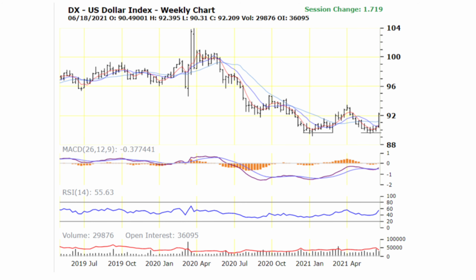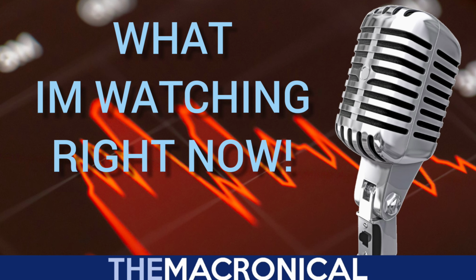To make a higher high here, we need the US dollar index to close over 93. So that's what I'll be watching over the next couple of weeks. Make sure it doesn't break below 89.5, which is where that double bottom happened, and then make sure we get through 93, keeping on a trend of higher highs and higher lows, aka the start of an uptrend.